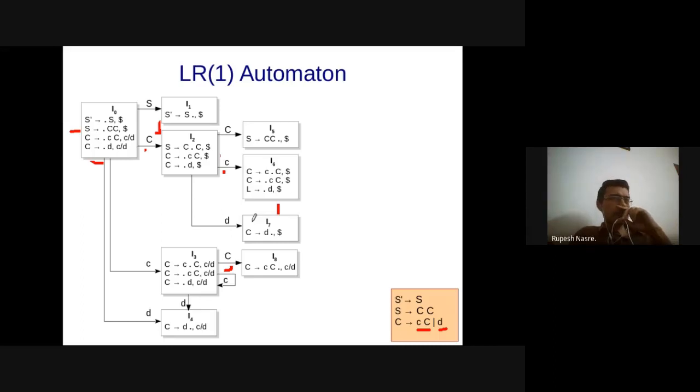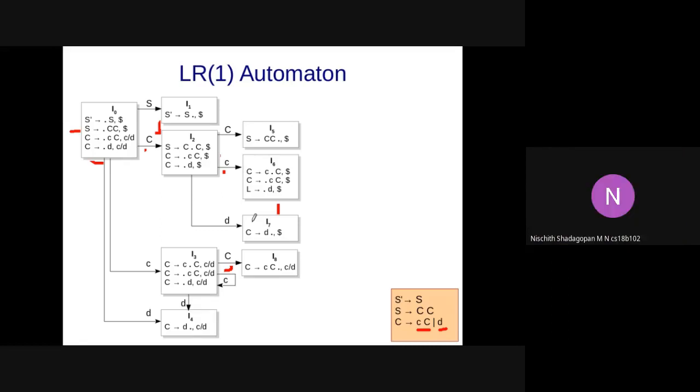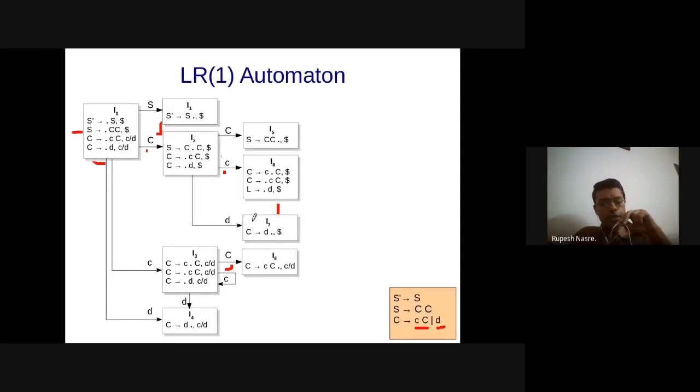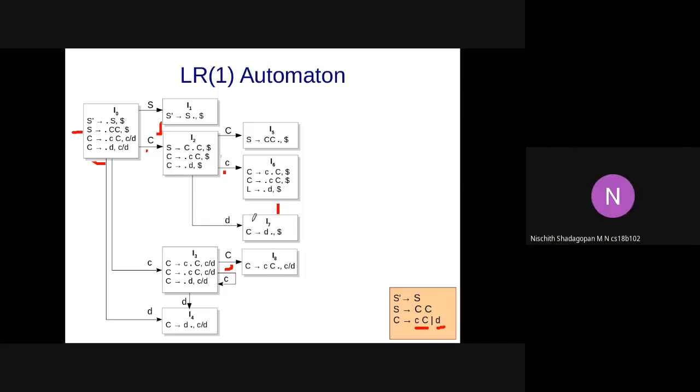Whether follow of S should contain follow of R, it seems to me that it should be there, but I'm not able to correctly point out. Anybody wants to say anything on this? Okay, let me see. Pragyan says once we use the first production, we'll never come back to S. So follow of S cannot contain equal to.